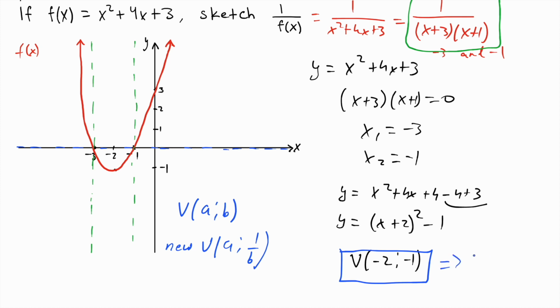Now my new vertex will be -2, -1 over 1. So basically, it's still -1, it really doesn't change, and we're going to flip this right over here. Now, -2 and -1 is our new maximum point, not minimum, but maximum. So our graph's going to look something like this.